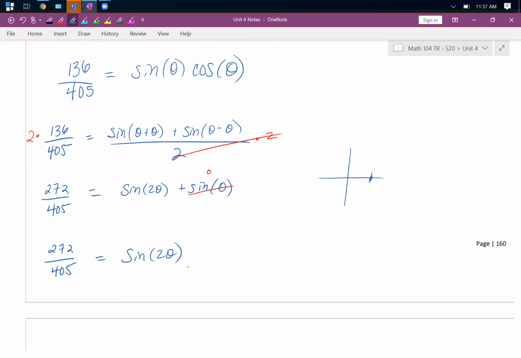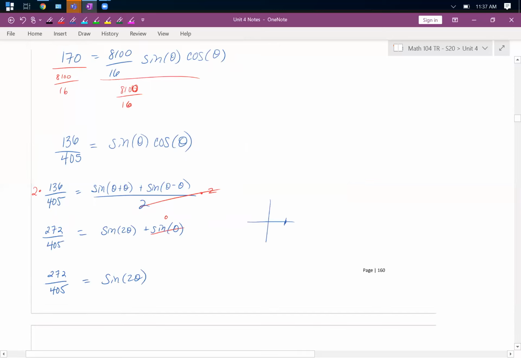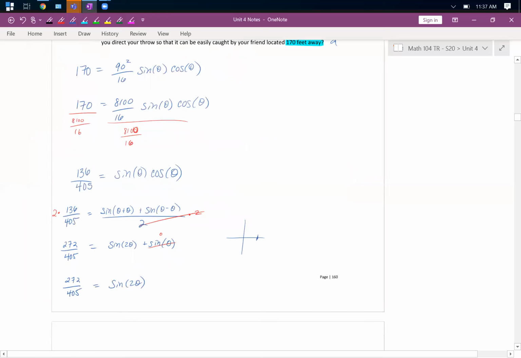We have a single trig function isolated. Oh, we're ready to do our inverse trig function. Two theta is equal to sine inverse of 272 over 405.